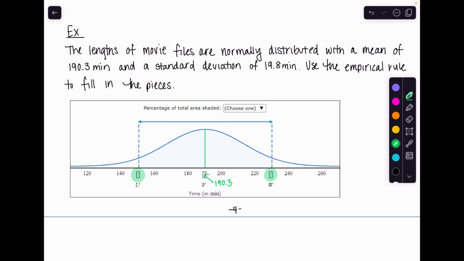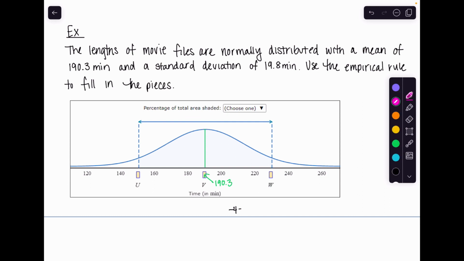Okay. Now, before I can answer what the percentage of this shaded area is, I really need to figure out what are these two values and how many standard deviations away are we. So what I'm going to do is start with that mean, and add 1 sigma and see, does that get me to a number between 220 and 240.